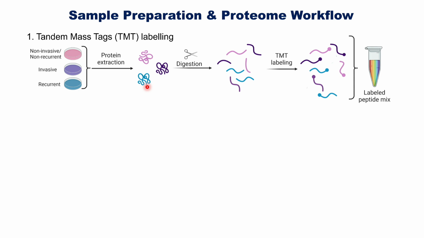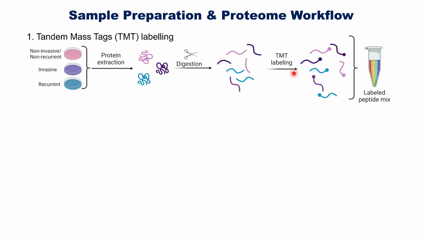You take the protein extraction with the help of lysis buffer, and then we do the trypsin digestion, because in the mass spec we identify the peptides, and then we label these peptides with tags, in easy language, the barcode, and then we pool it.